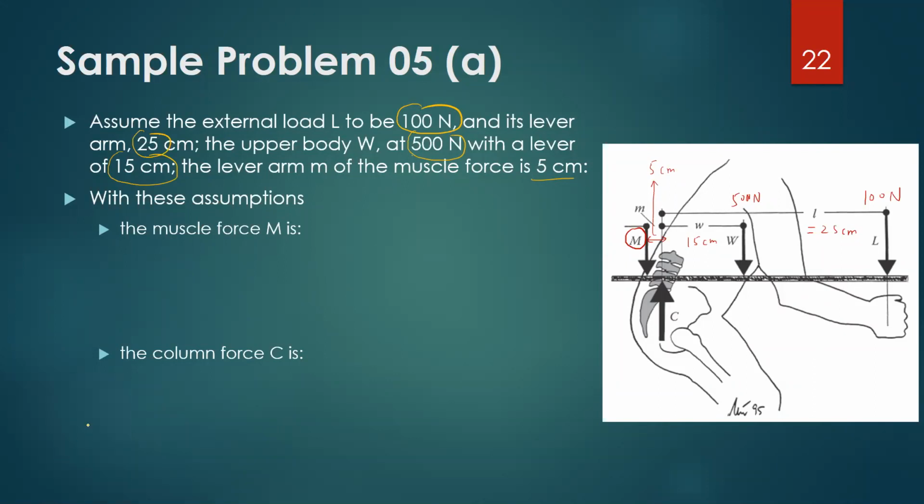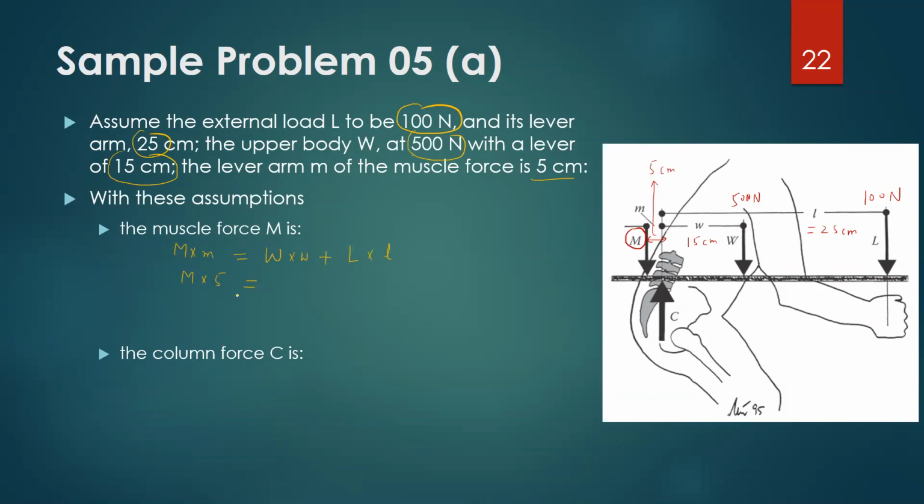So for example, our first equation was counterclockwise torque should be equal to the sum of the clockwise torques. So this M, that is the sum of the forces of back muscles, is unknown, times 5.